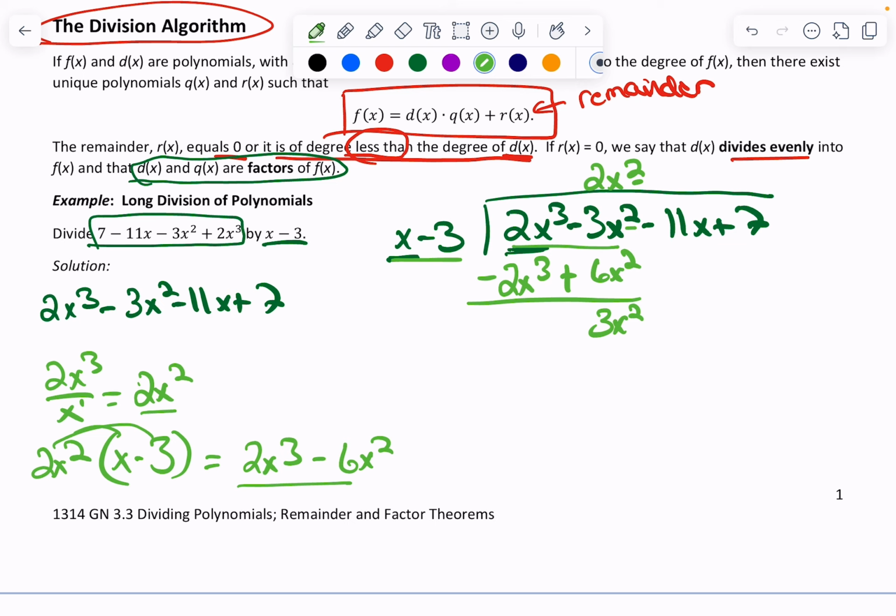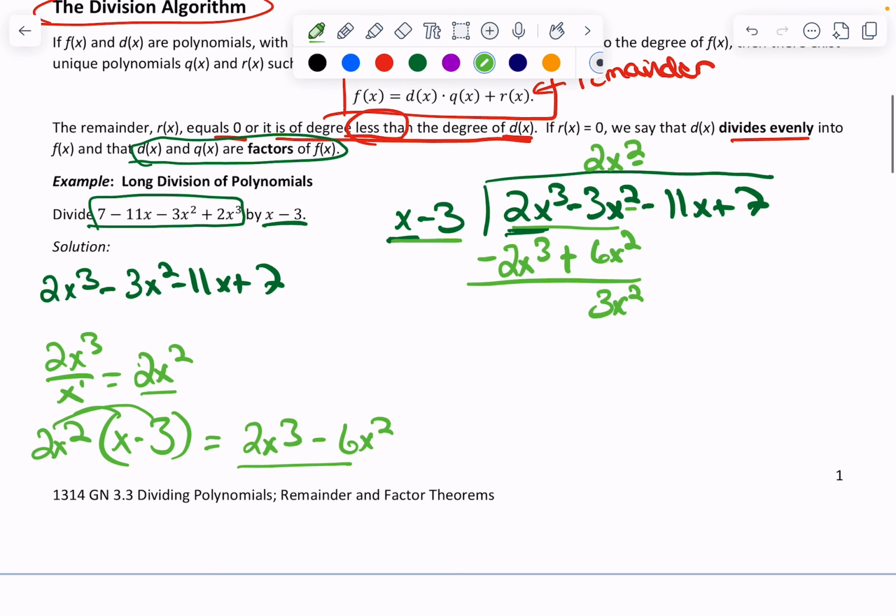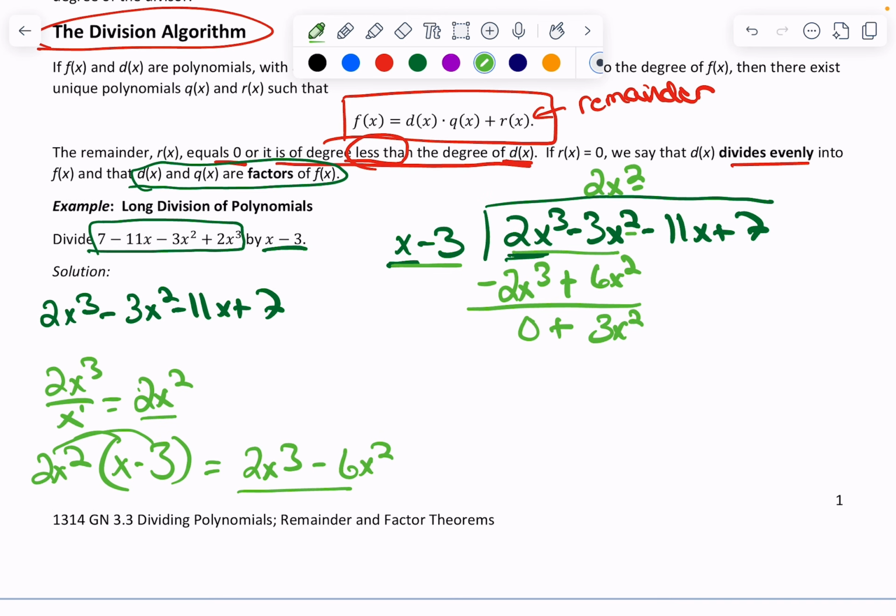And then combining like terms, 2x cubed minus 2x cubed is going to be a 0. So 0 plus 3x squared. We can ignore the 0 now. Next, we're going to bring this next term down with its sign. So negative 11x comes down.